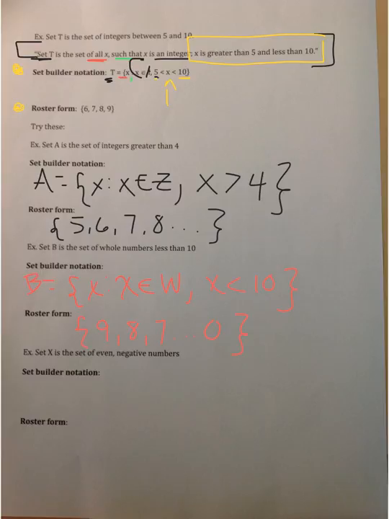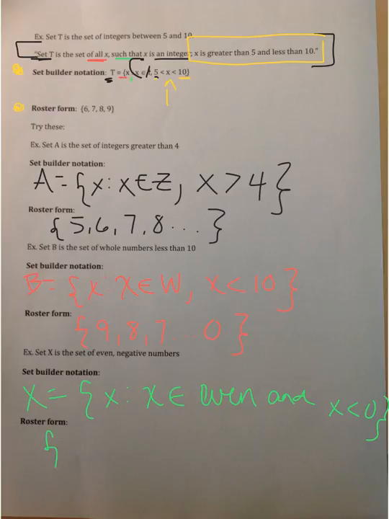Last one, set X is the set of even negative numbers. So we have set X, X such that, okay, there's no real symbol for even, so I'm just going to say X is an element of even, E-V-E-N, and even negatives, X is less than 0.